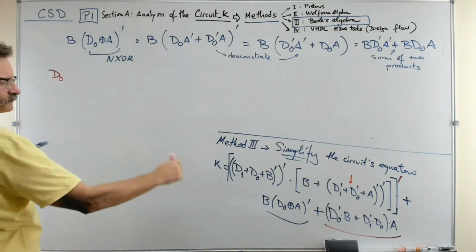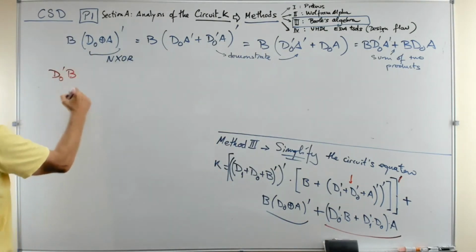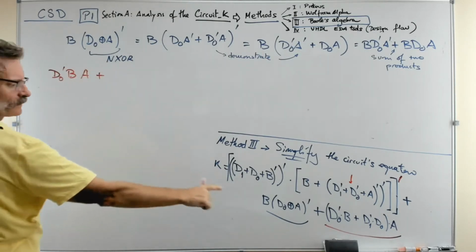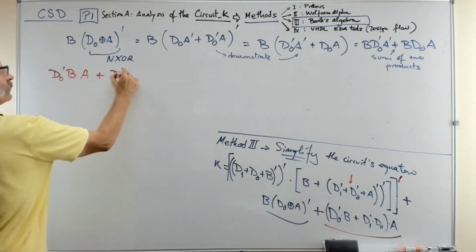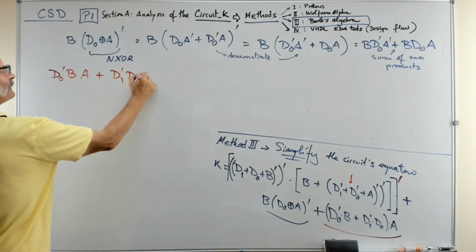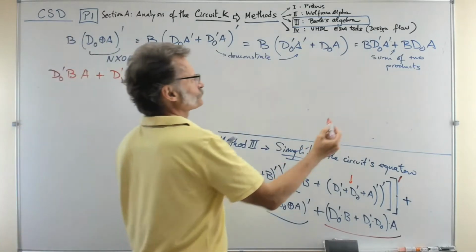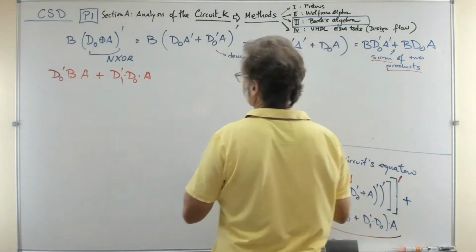D0, not B, and A, or D1 not D0 A. So here you have another sum of two products.